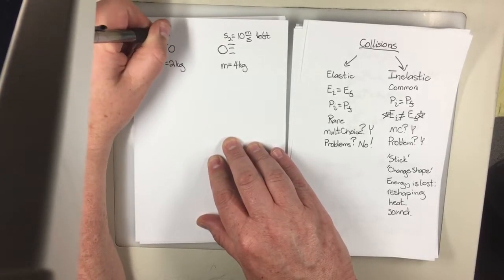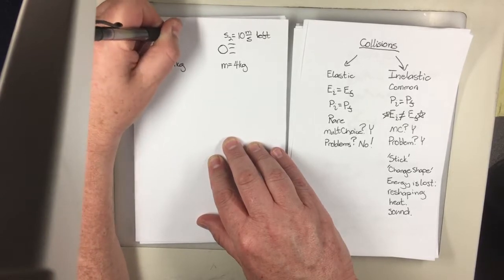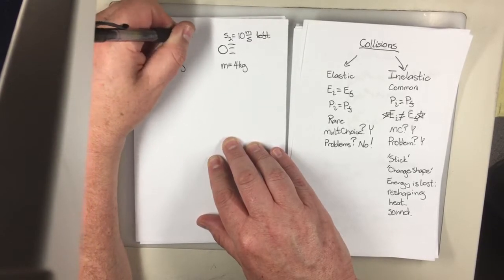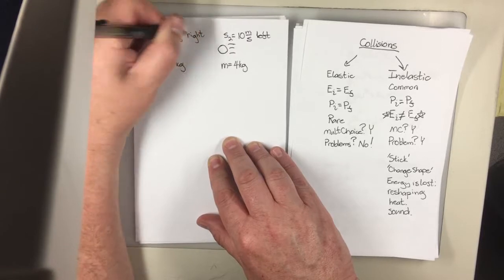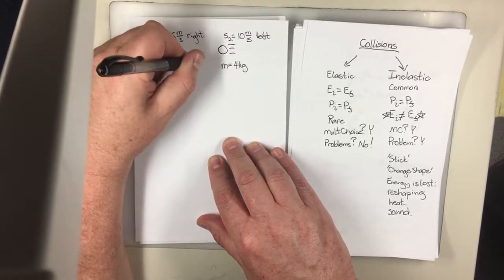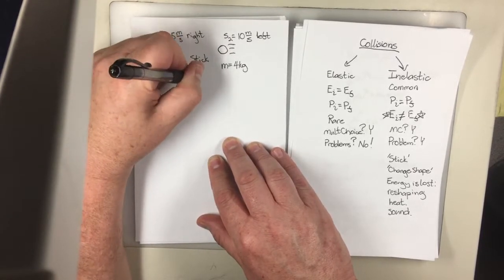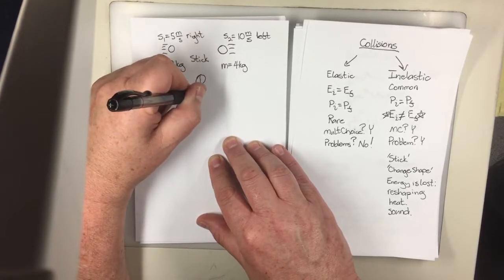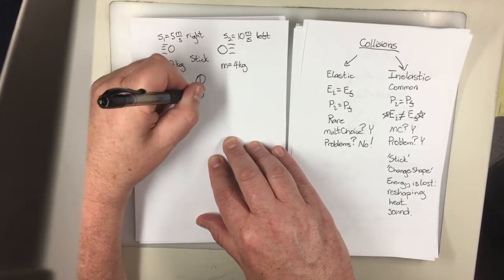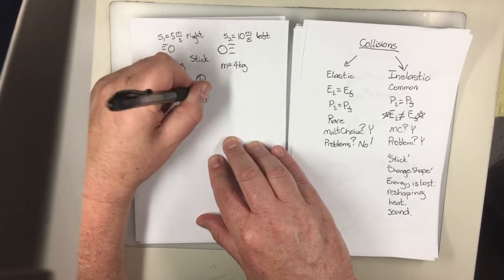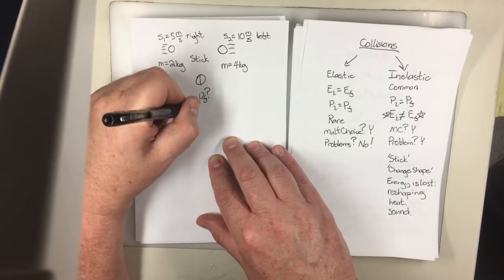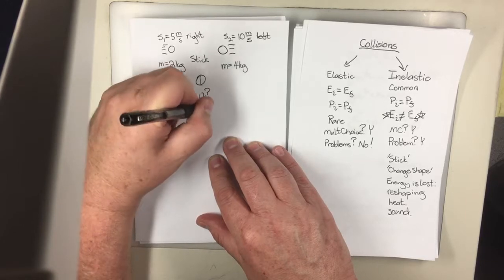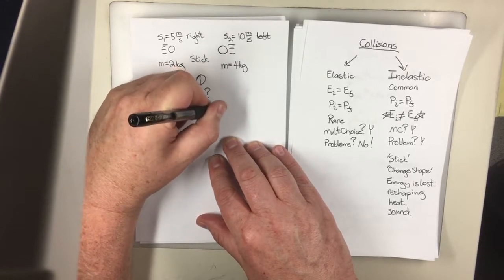Its speed is 5 meters per second to the right. They stick. So what I want to know is its final velocity, or you could say speed, final, left or right.